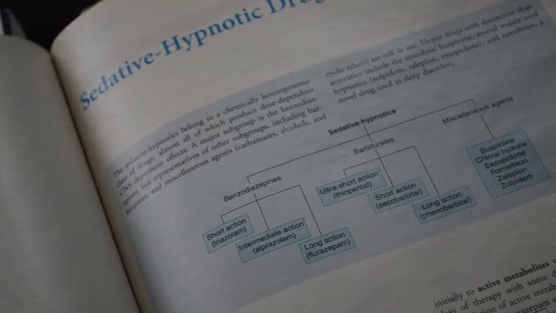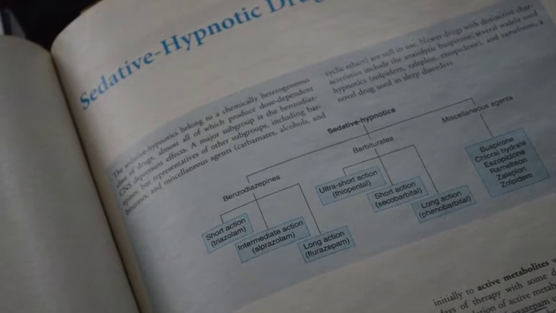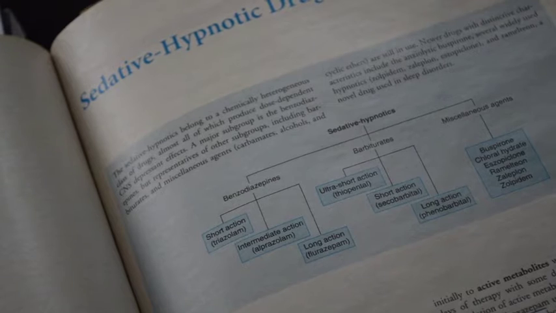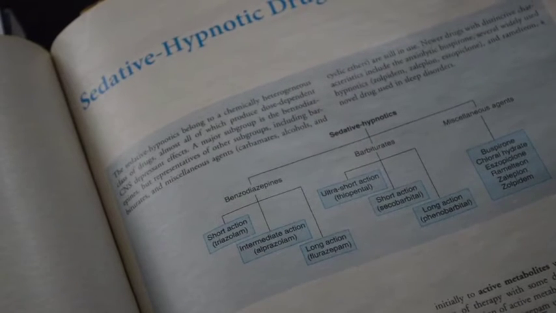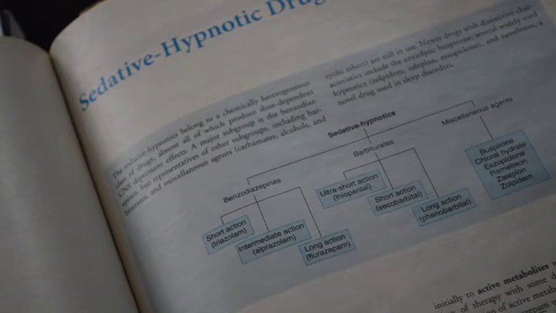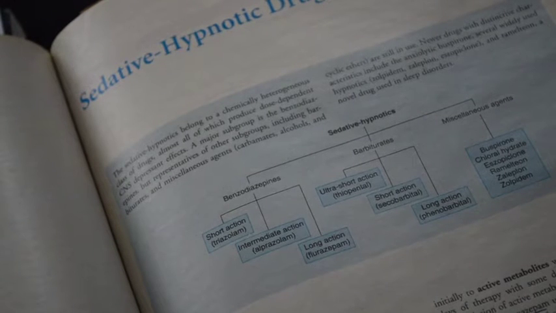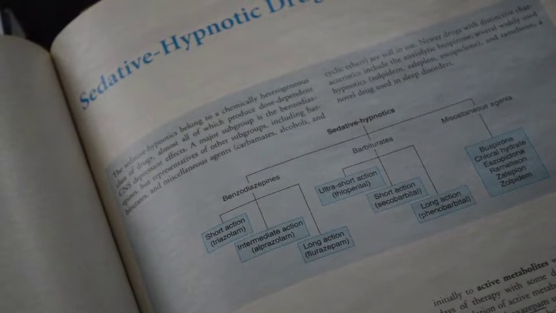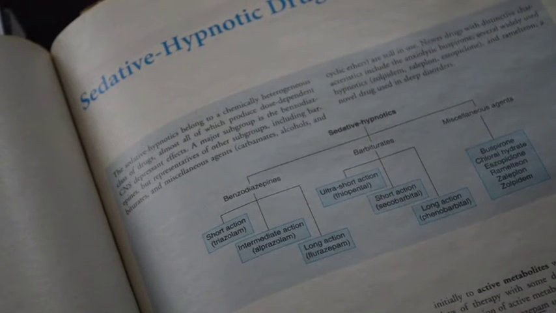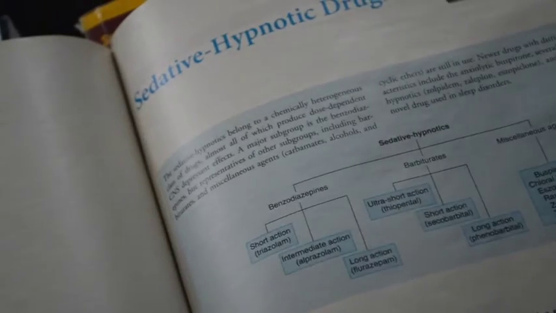This book is for someone who already has the concept and just wants to learn the pharmacology. If you do not have a proper concept and you want to start with this book, that's kind of difficult. So you should definitely go with the other book first and then come to this one.